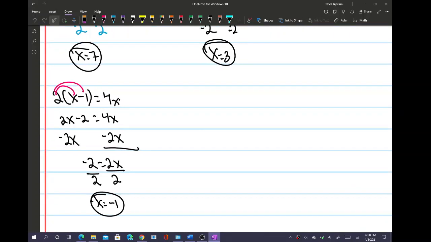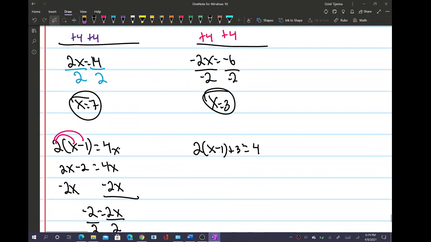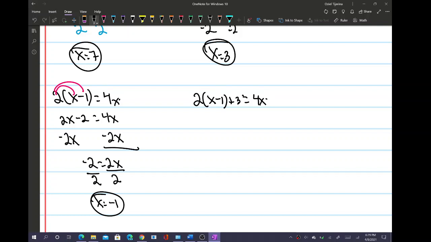And then they decide to do a little bit tougher ones where they say 2 times x minus 1 plus 3 equals 4x.